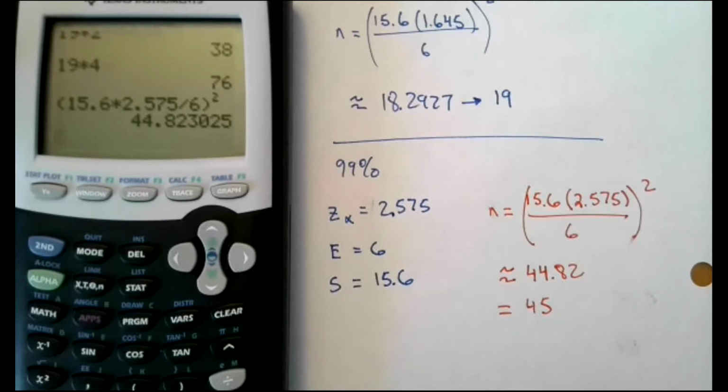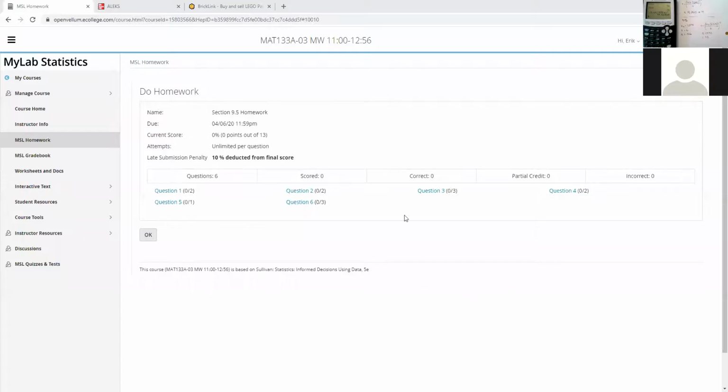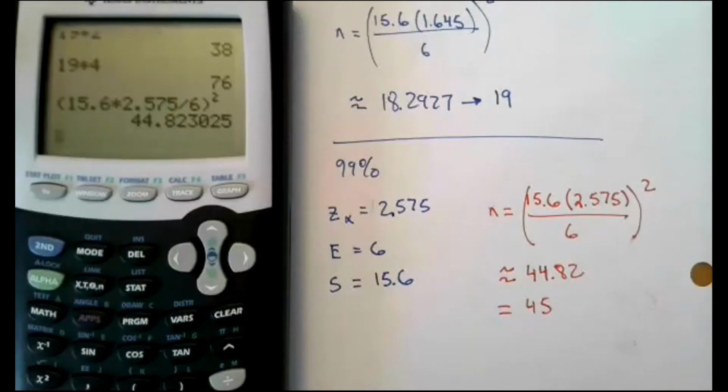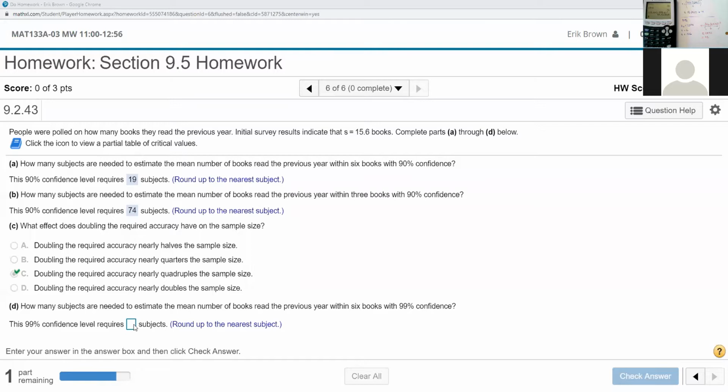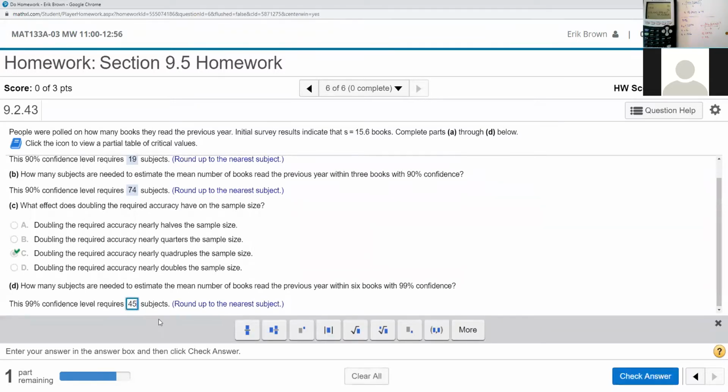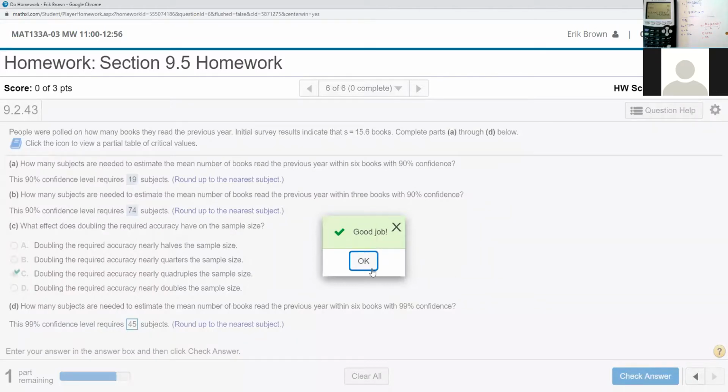Well, I can't find which screen to share. I don't know. Maybe it's this pop-up. Let me try again. Yeah, that was it. Okay. So I am typing in here, what did I say? 45 subjects. Yay.